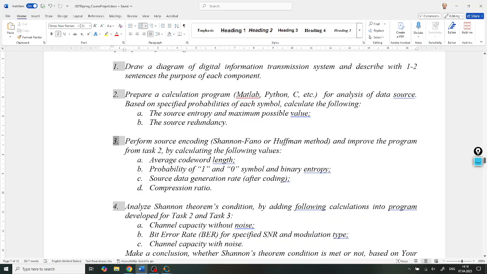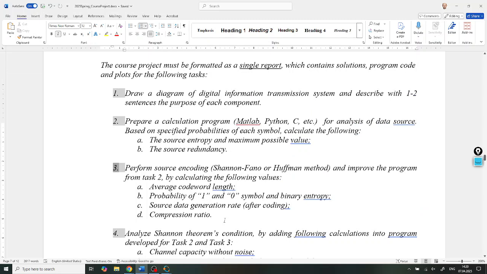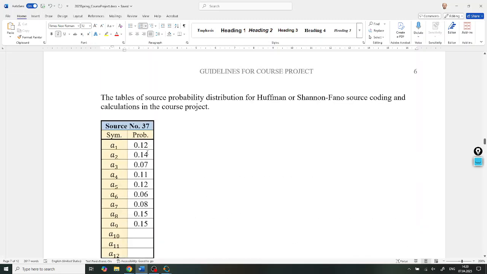What is your data source about, before actually making the Huffman code? So here we estimate something called the information volume per symbol. So how much each of these table symbols is actually transmitting.